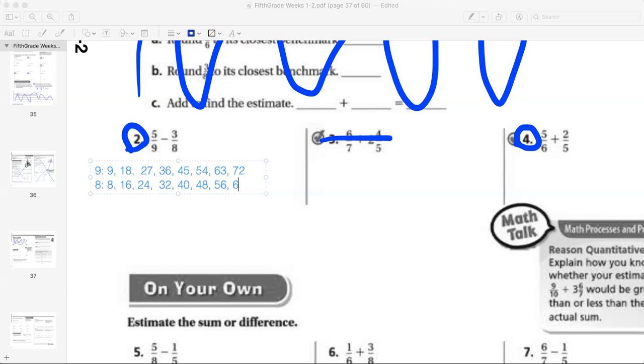Oh, sorry, 64, didn't mean to skip that one, and 72. Okay, so then you have to take a minute and look: what is the smallest they have in common? The smallest one they actually have in common is 72, so you really do have to do a lot on this one, and it's kind of why I picked to do this one together, because it's a little trickier, because you have to list so many more multiples.